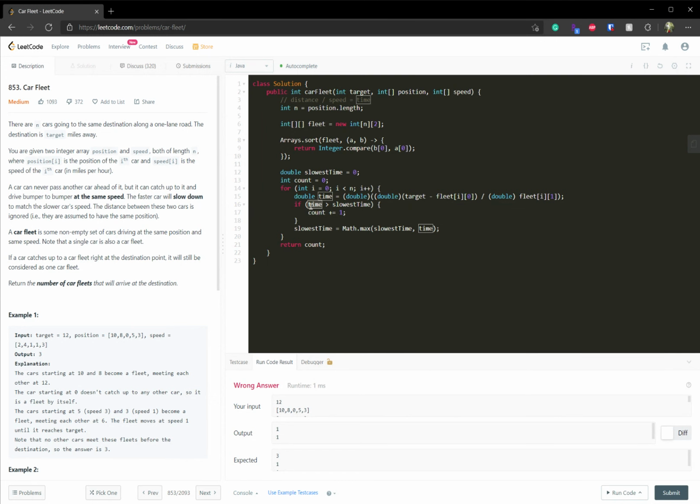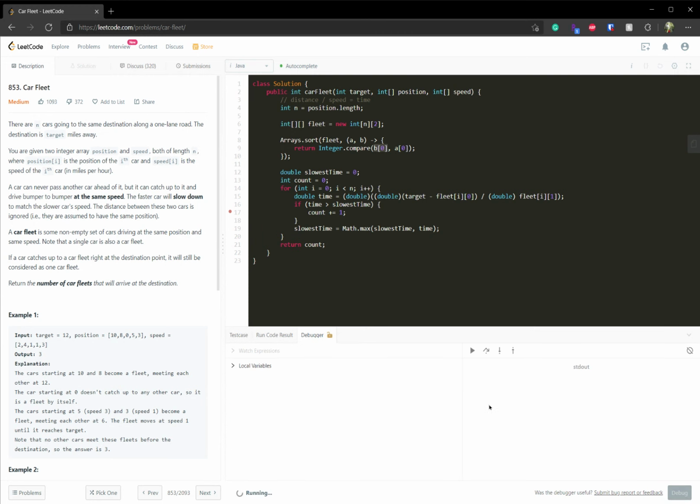If our current time is taking longer than our slowest time, that means we have found a fleet, and we're sorting based on the closest. That shouldn't be any problem. Let's put some breakpoints and do debugging here.